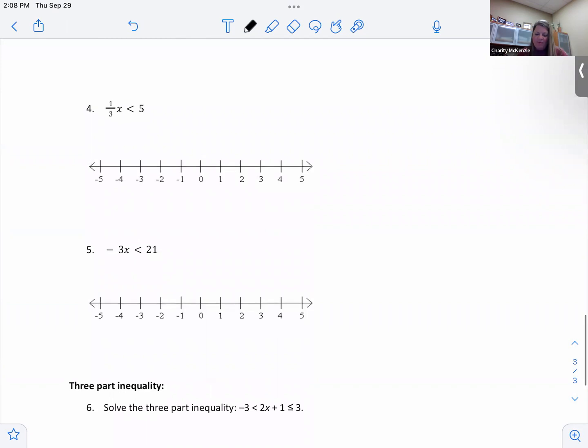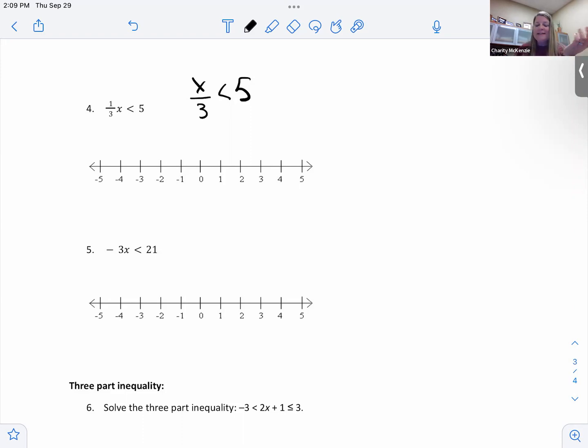Okay, so on number 4, if I have 1/3 x, I could also write that as x divided by 3 like this. Those are the same thing. Dividing by 3 is the same as having a third, right? I'm breaking it into 3 pieces and I have one of them. So how do I solve this? I times by 3, right?